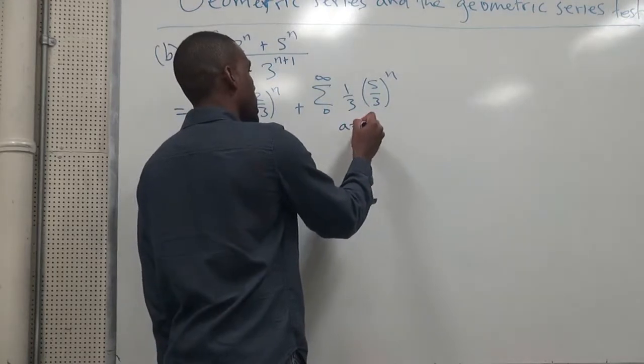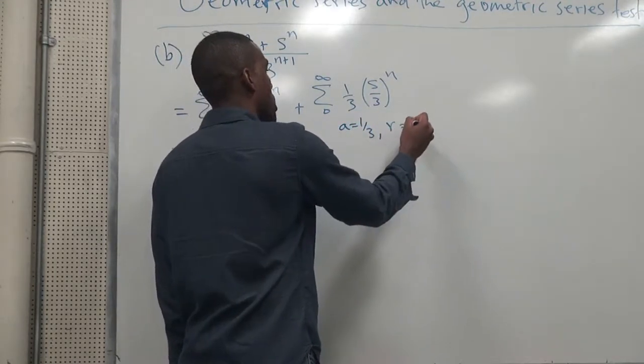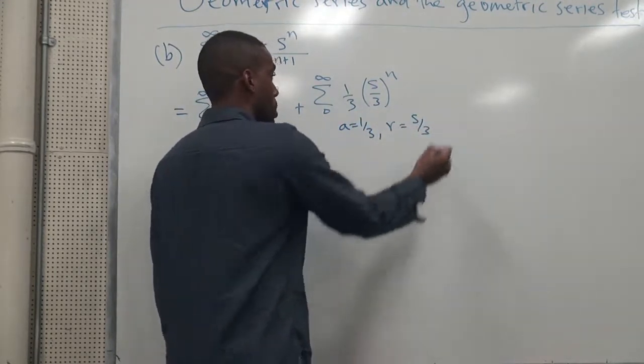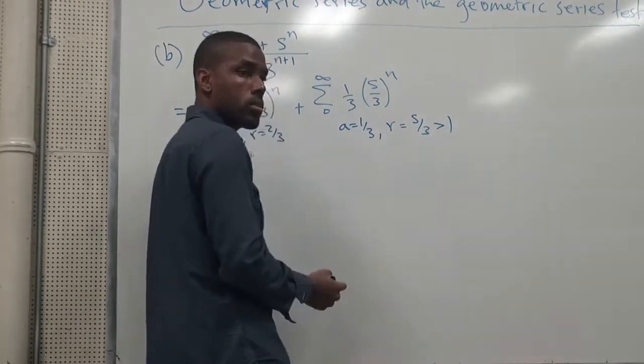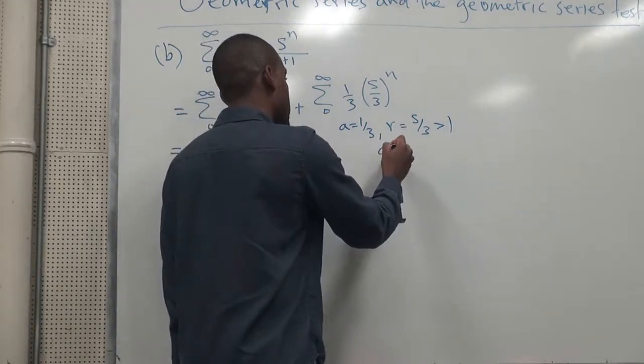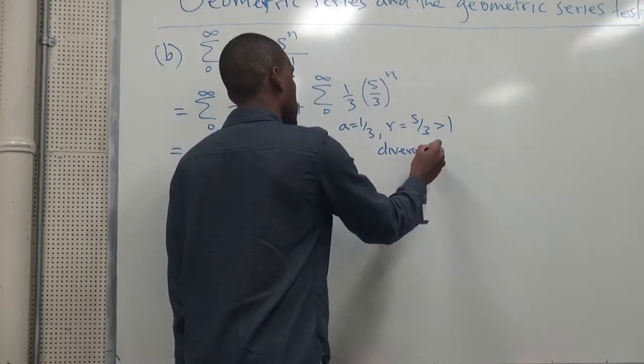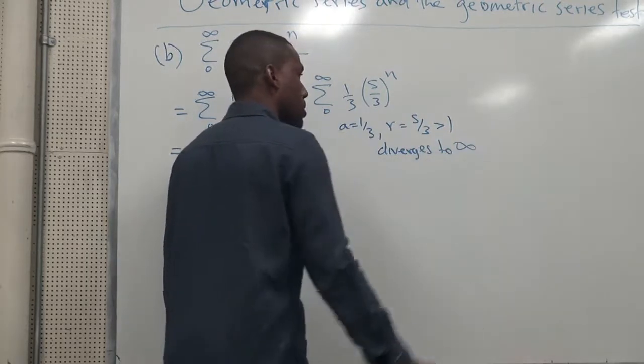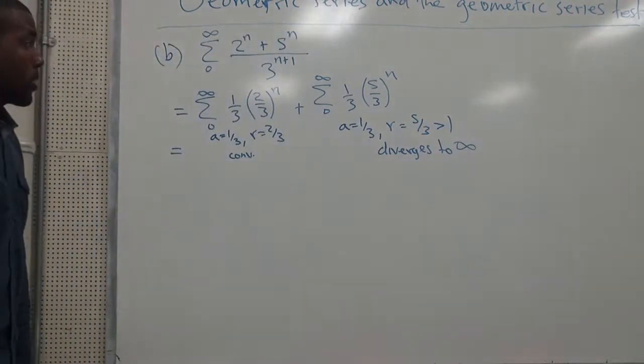Over here though, your A is actually 1/3, your R is actually 5/3, which is bigger than 1, right? So what that means is this guy diverges. In fact, it diverges to infinity.